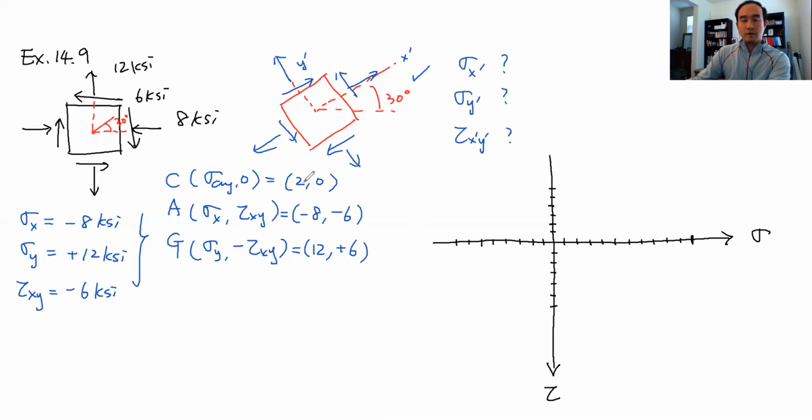So point C is going to be 2, 0, so positive 2 and 0. This is going to be point C. And then point A, negative 8, so 1, 2, 3, 4, 5, 6, 7, 8. This is negative 8 and goes to negative 6, so we have to go up, right? 1, 2, 3, 4, 5, 6.